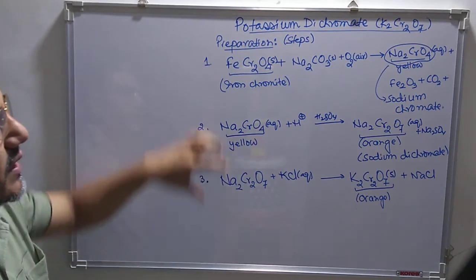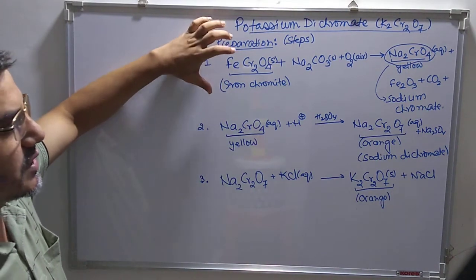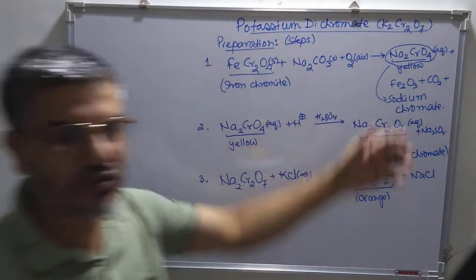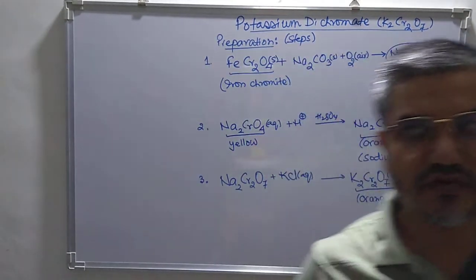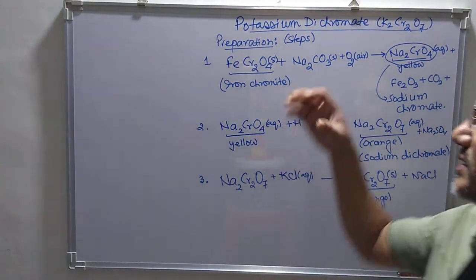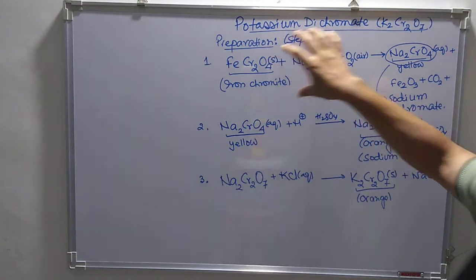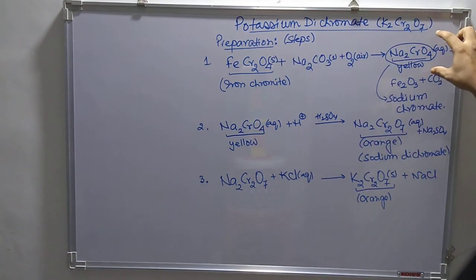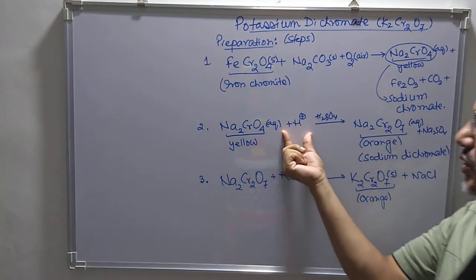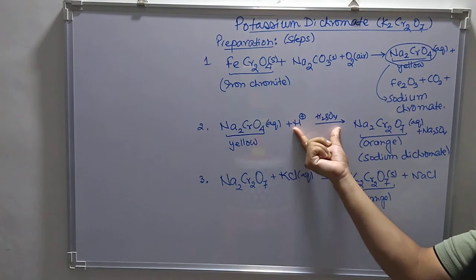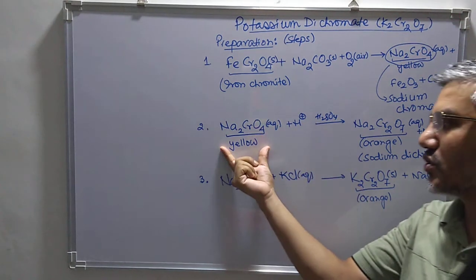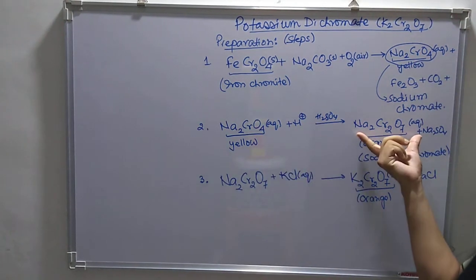So I repeat again. The iron chromite is first fused with sodium carbonate in presence of aerial oxidation acting as an oxidizing agent. This is converted into yellow color sodium chromate solution, which, being basic in nature, is acidified with sulfuric acid. Yellow color chromate is converted into orange color dichromate.